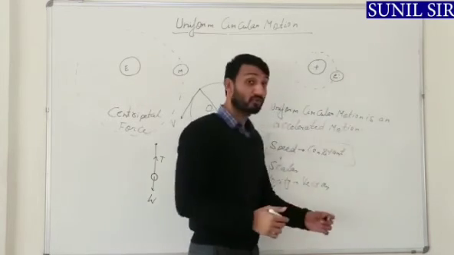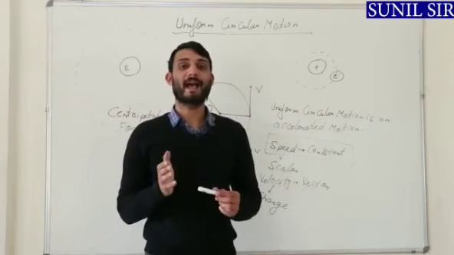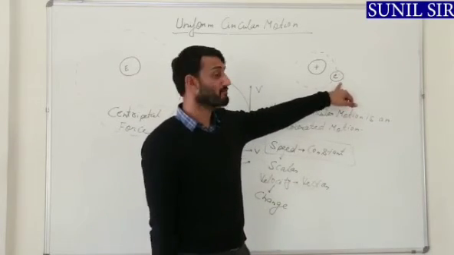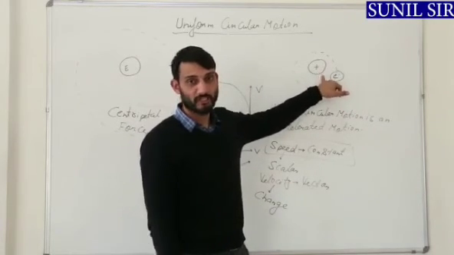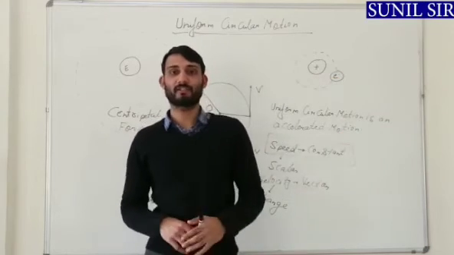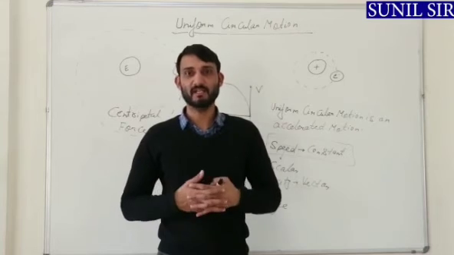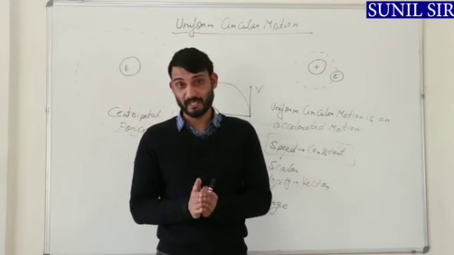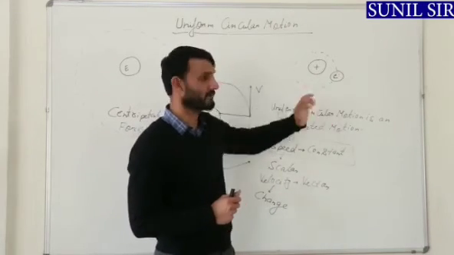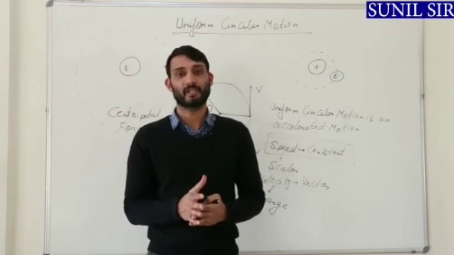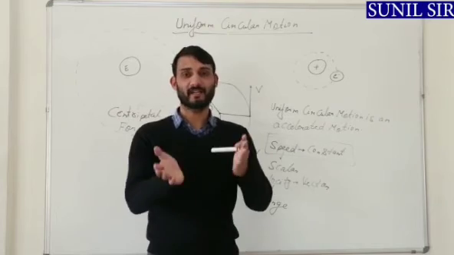There is an electrostatic force acting between this negatively charged electron and the positively charged nucleus. Because of this electrostatic force, a centripetal force is provided. So centripetal force doesn't come on its own. It is always generated by some other force.